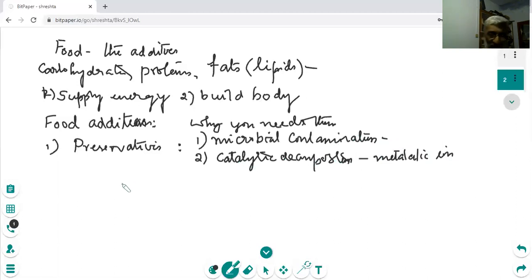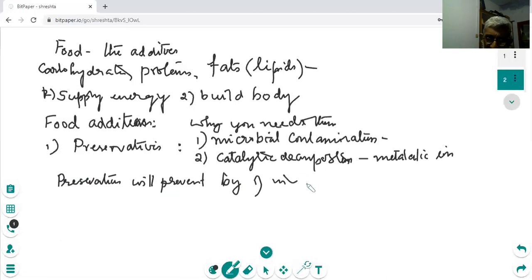So what the preservatives do, preservatives will prevent this by, the first method, they inhibit the growth of bacteria, just like antibacterial agents.